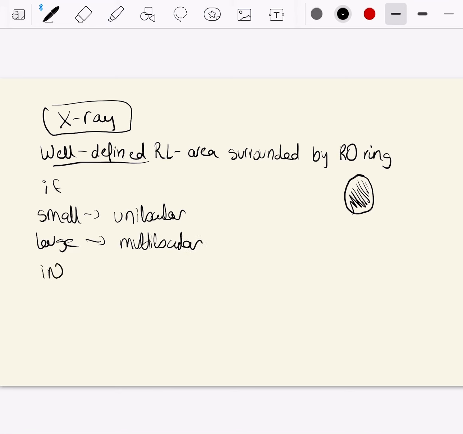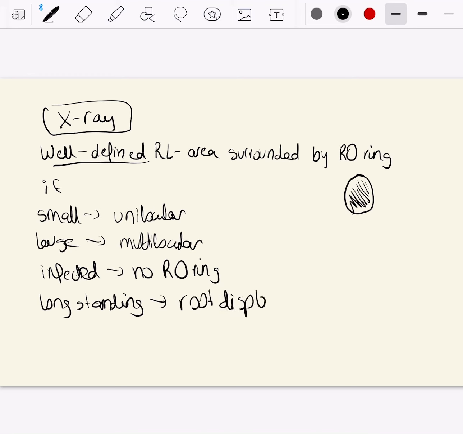If it is infected, we have no radiopaque ring. And if it is long-standing, for a longer time, we have root displacement. Okay, so for example, we have here the 4 and the 5, and we have here the cyst, it can lead to displacement. But it rarely leads to root resorption.